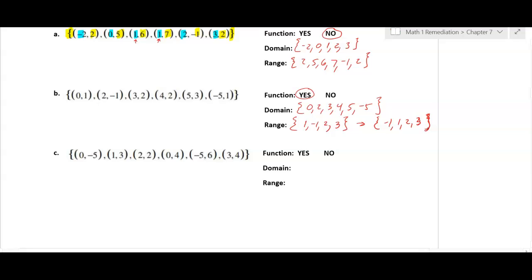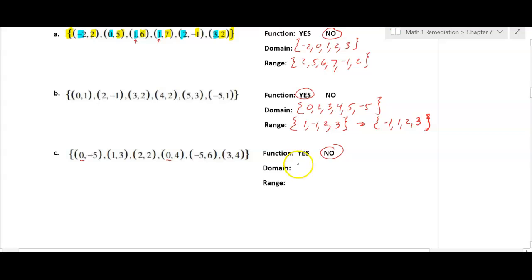The letter C. When I look at if this is a function or not, right away, you have repeating zeros. So when you input 0, you get output -5. When you input 0, you get output 4. So one input has two different outputs, which makes it not a function.